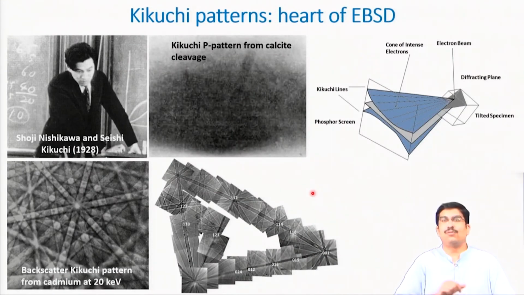Okay. Now, we talk about something called Kikuchi pattern. Kikuchi patterns are basically the heart of EBSD. That is the signal, as I said. How does it work?